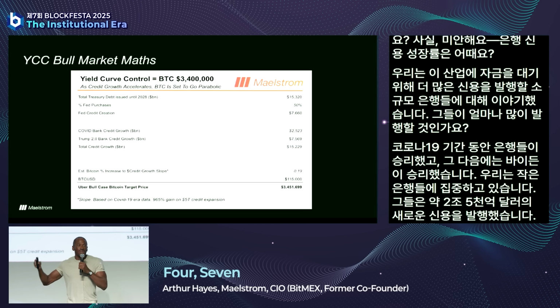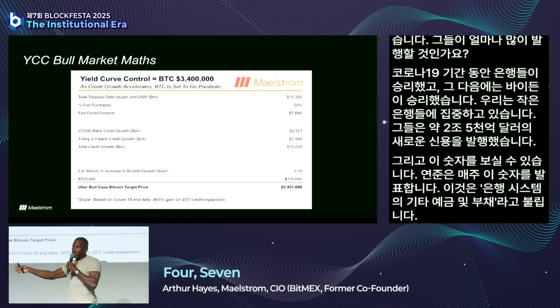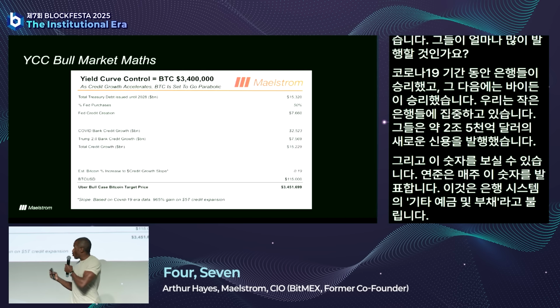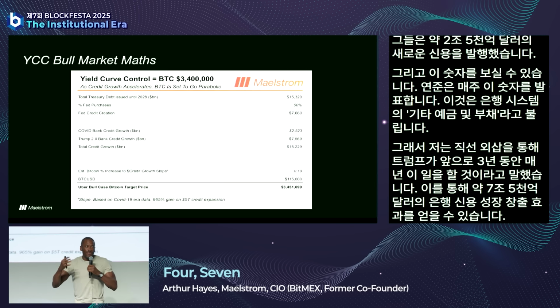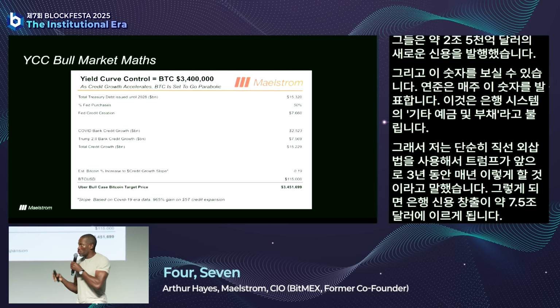It's called Other Deposits and Liabilities for the Banking System. And so I just took a straight line extrapolation and said that Trump is going to do this each year for the next 3 years, and that gets us to about $7.5 trillion of bank credit growth creation for a total of about $15.2 trillion of new dollars created between now and 2028, just due to the Fed engaging in yield curve control in conjunction with Scott Bessent at the Treasury.